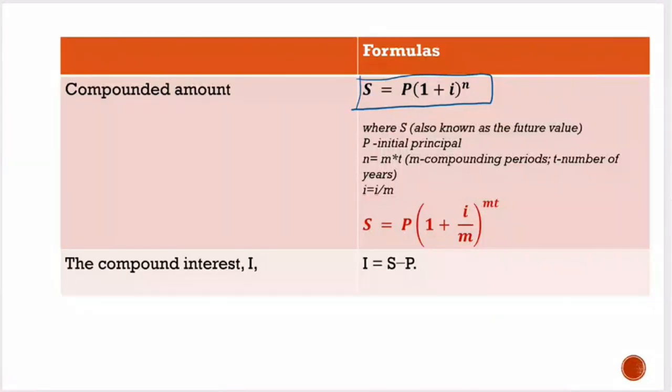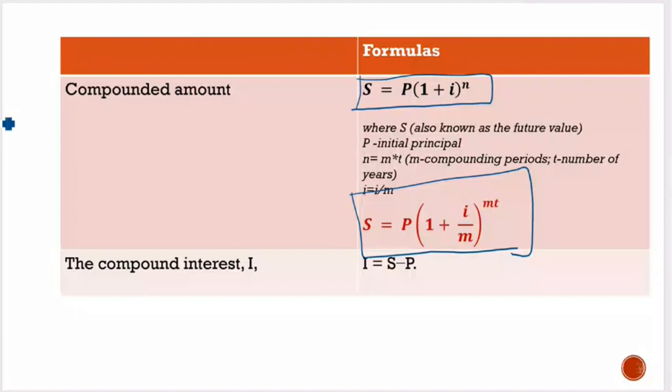So here is the formula that we need to be using, whether it's compounding once or 3 times or 5 times. We are going to be using this formula. We are saying your interest rate is compounding so many times, that is M. And when you convert your interest rate, you must also convert your time.